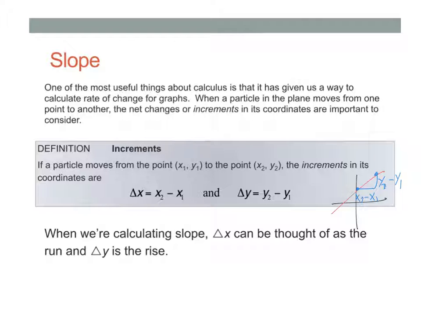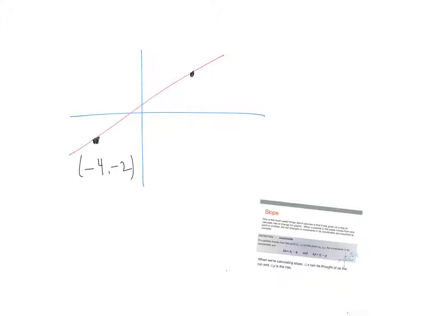Here, I'll do a really simple example. You have a point down here that is, let's say, (-4, -2), and then a point up here somewhere that is, let's say, (3, 3).